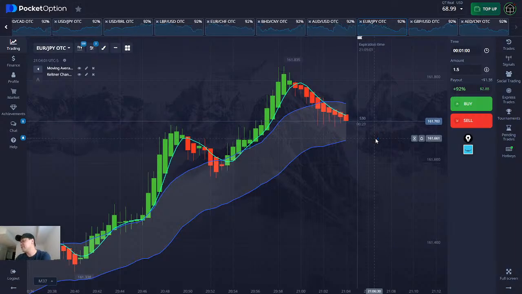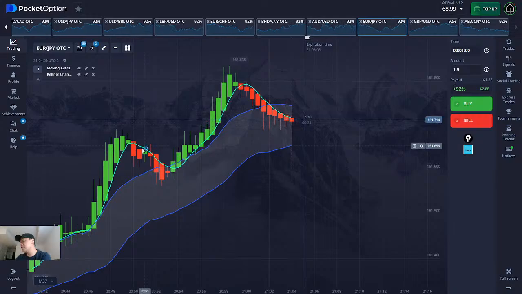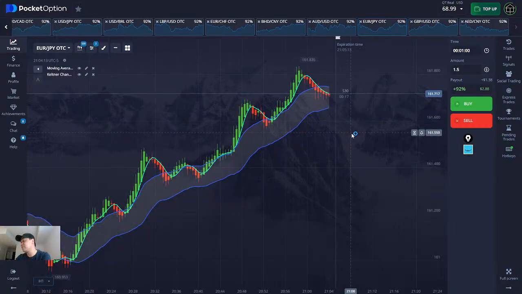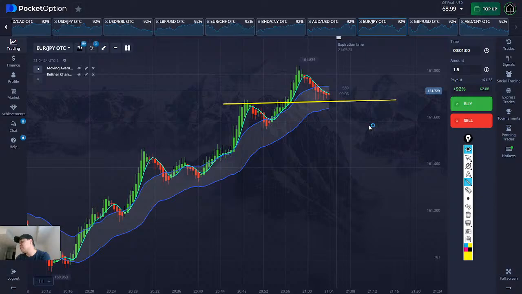Well, this is just not looking good anymore. I don't know. I need to see some strength. Technically still okay. You see how the resistance becomes support.